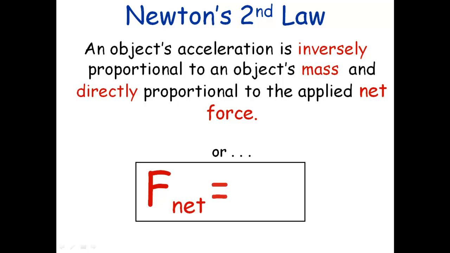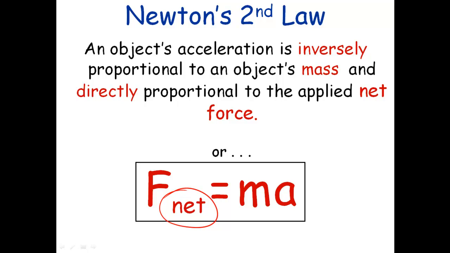To really talk about this in some detail, what you need to realize, and this is a key idea, is that we're talking about the net force or the total force. So you might have to subtract some stuff or add some stuff. For example, I push on something and you push in the same direction. Our sum, our total force that we apply, would go into the formula.